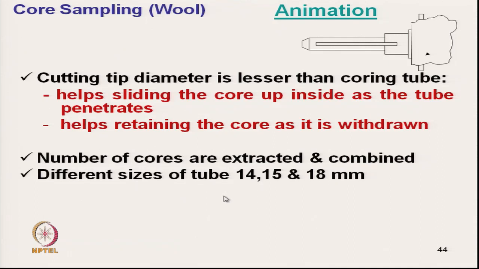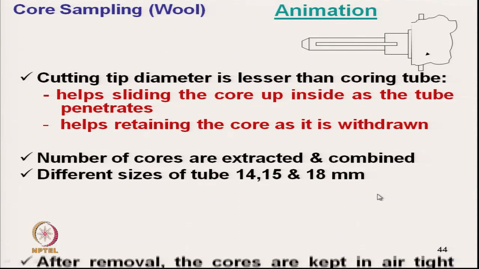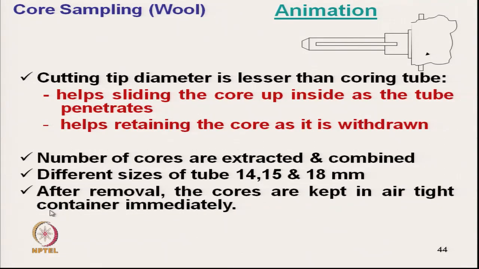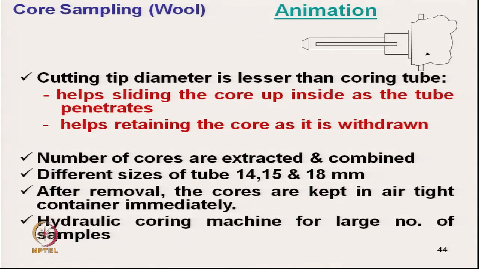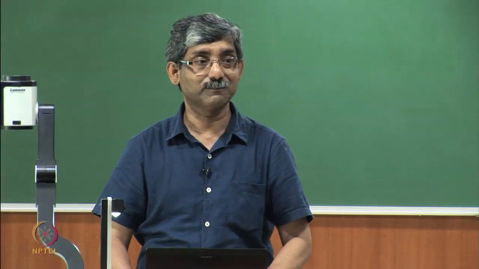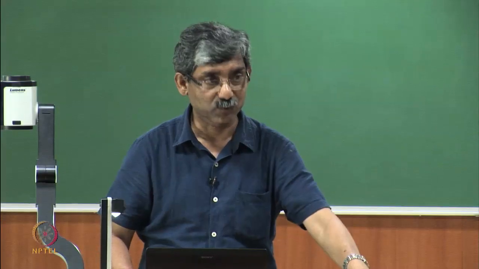Tubes of different sizes are there, such as 14 millimeter, 15 millimeter, 18 millimeter, depending on the type of wool. After removal, the cores are kept in an airtight container immediately. This is the polythene bag. The airtight container is used because otherwise the wool will absorb moisture and its characteristics will change.